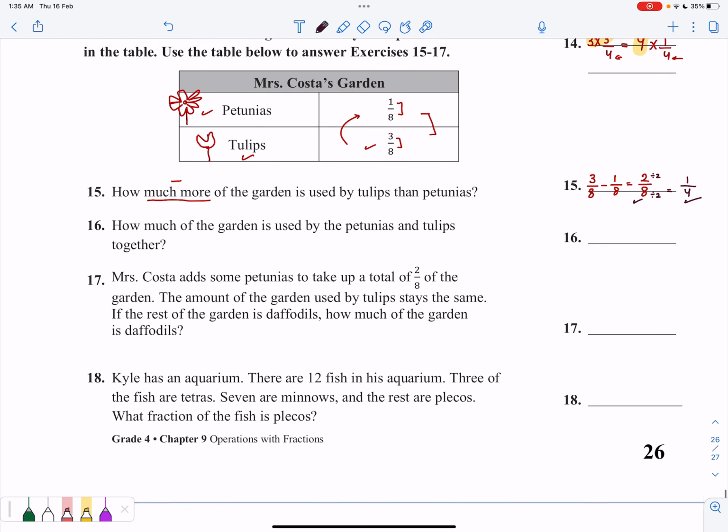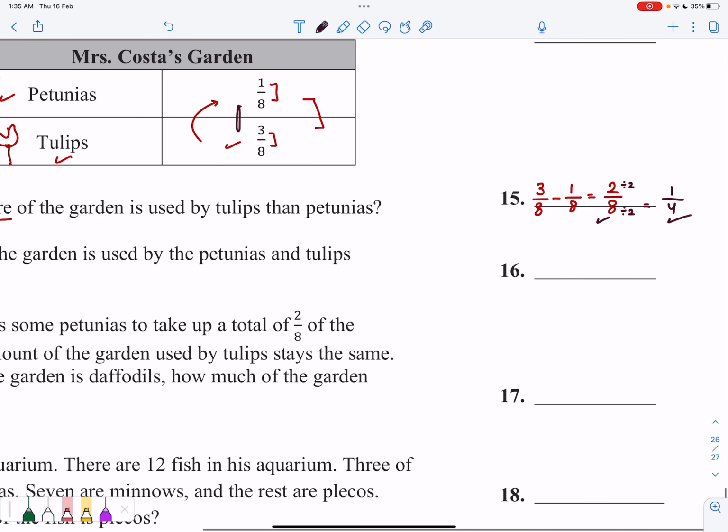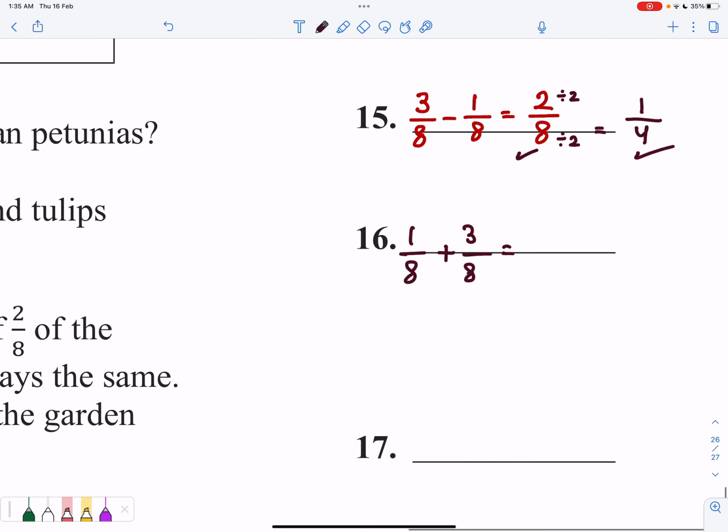Then question 16. How much of the garden is used by the petunias and tulips together? So together, how much is there of these two kinds of flowers? This means you will add the amount of each one of them. So I will say 1/8 plus 3/8 equals 1 plus 3 is 4/8.